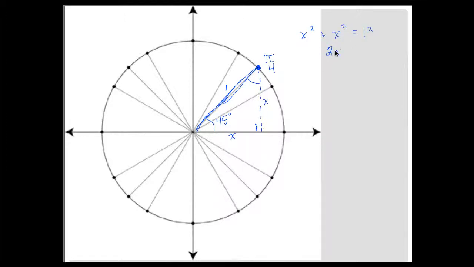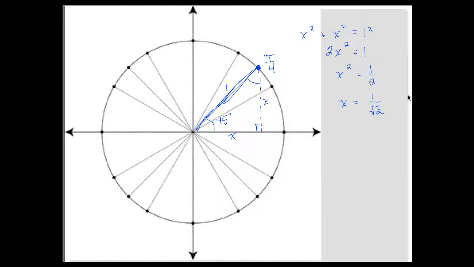So this is 2x squared equals 1. If you take the square root, it's going to be 1 over square root of 2. So this one actually has a couple really easy ways to think about it. I think the Pythagorean theorem's a really easy way as well.